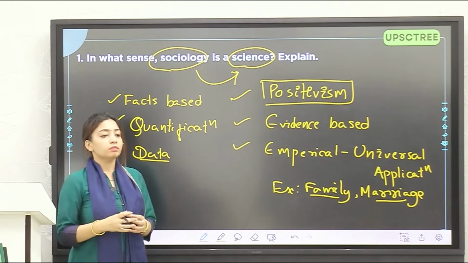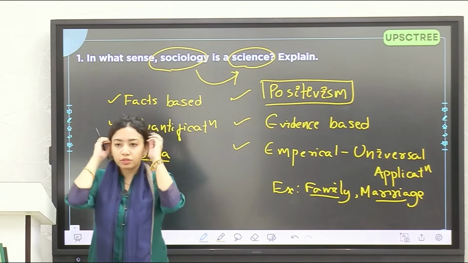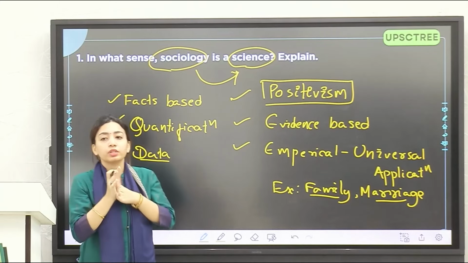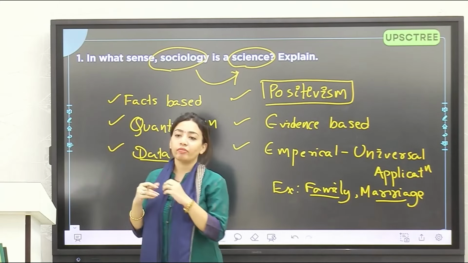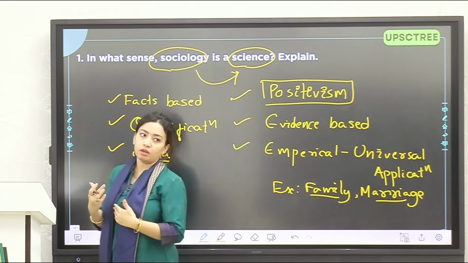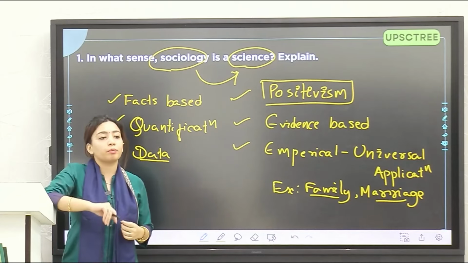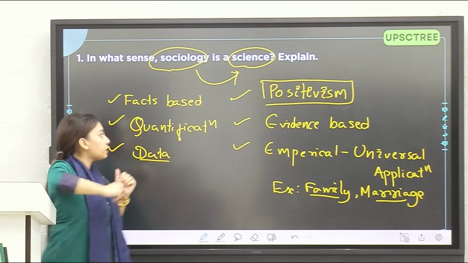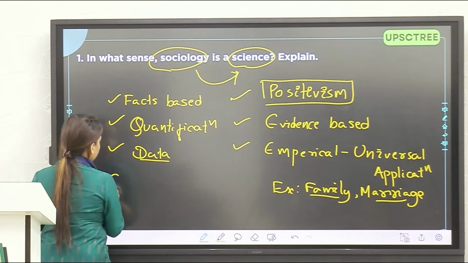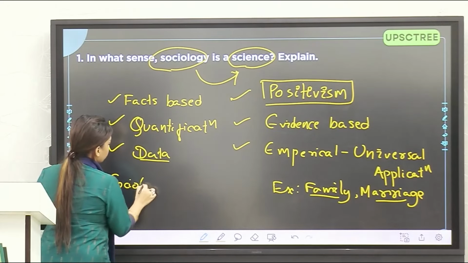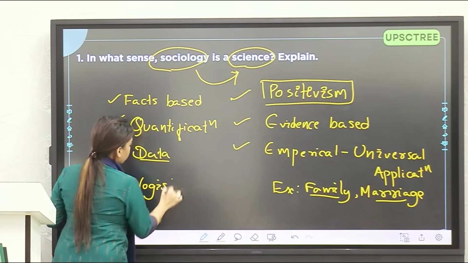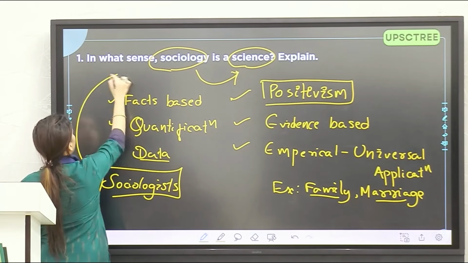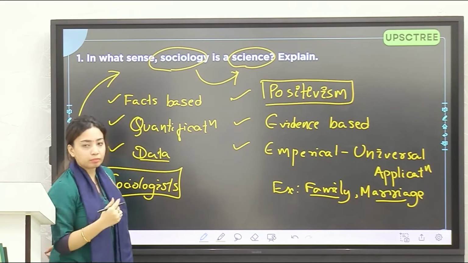What is the point of convergence of sociology and science? So initially all the major sociologists had the orientation towards what? Scientific approach in sociology. As you can see through the sociologists like who? Who are the sociologists who went for scientific approach? Give me a few names.